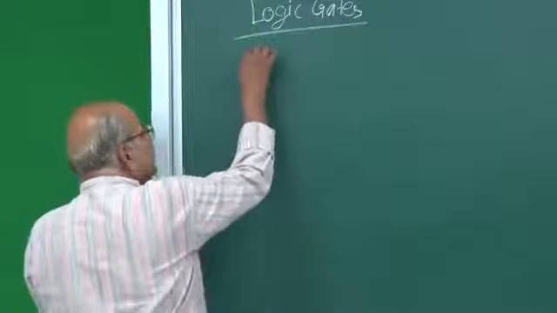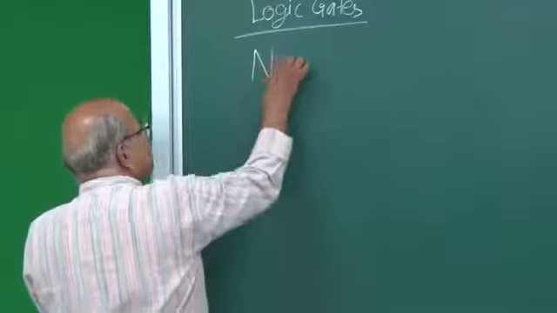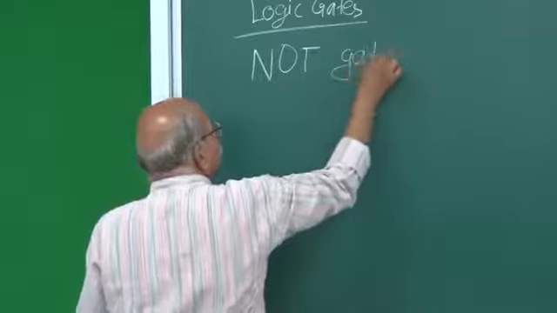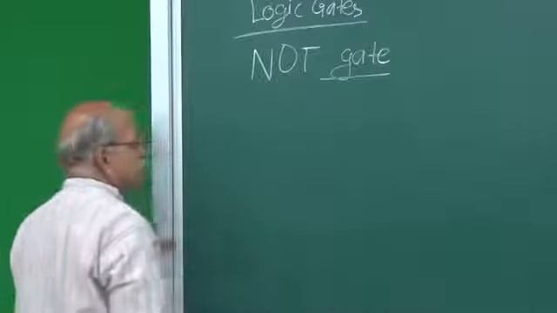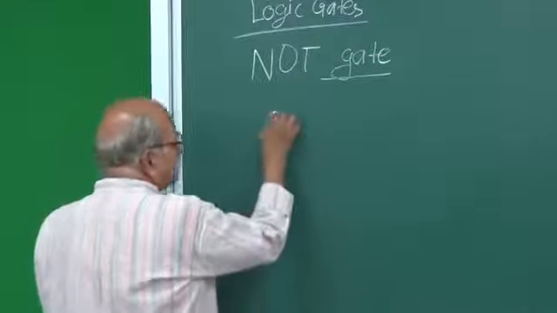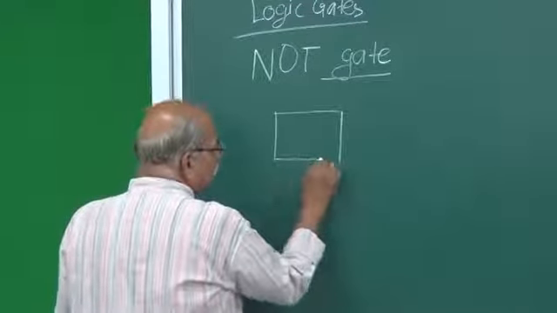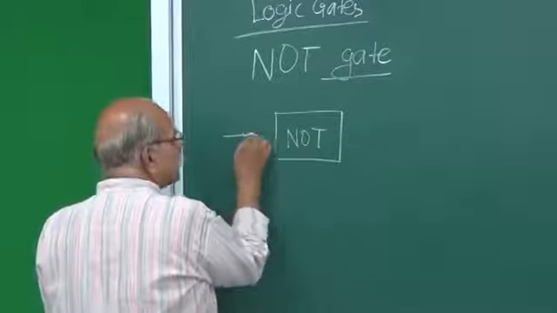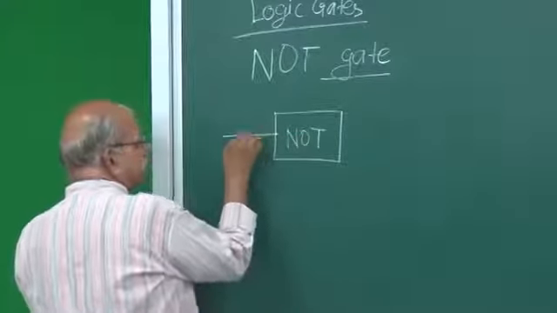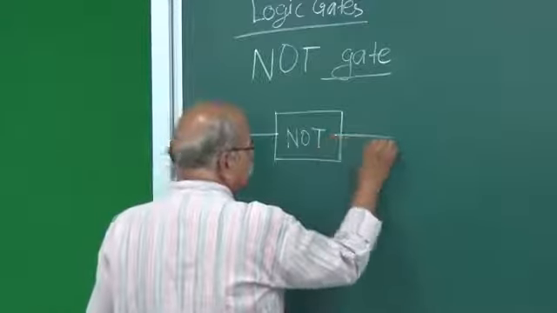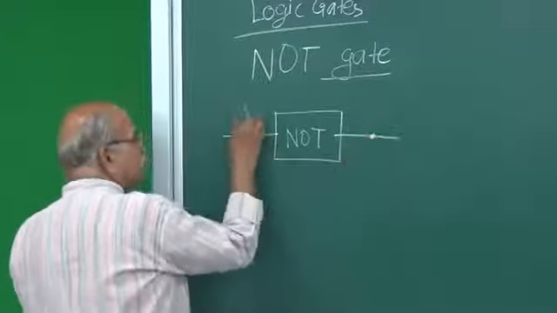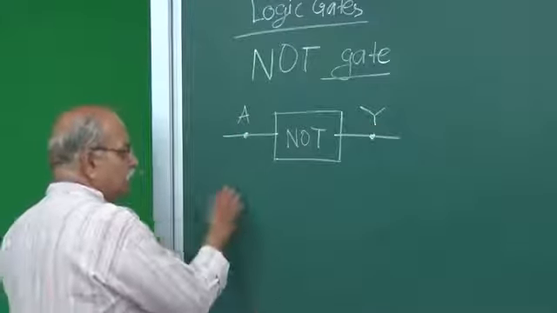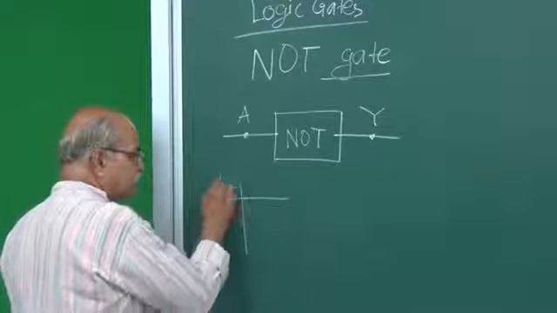The first one is the NOT gate. And what is this? It's very simple. It takes just one input, let us call it A, and it gives one output, let's call it Y. The truth table is very simple.